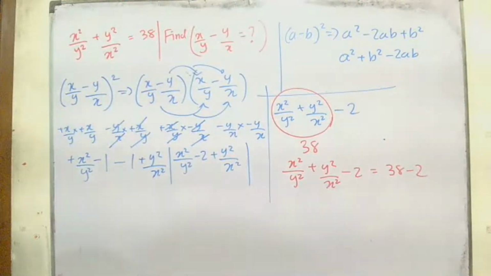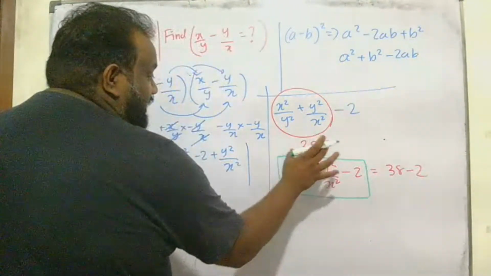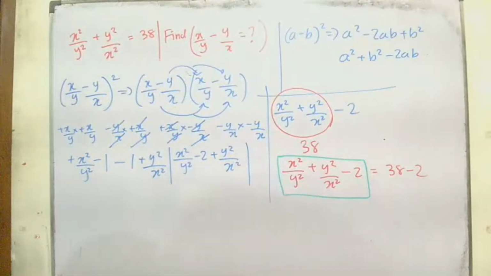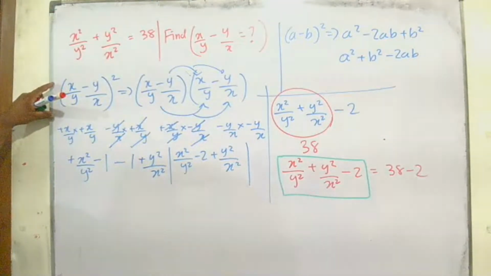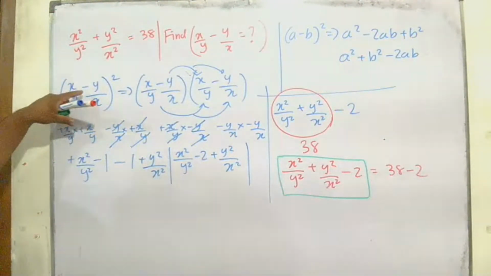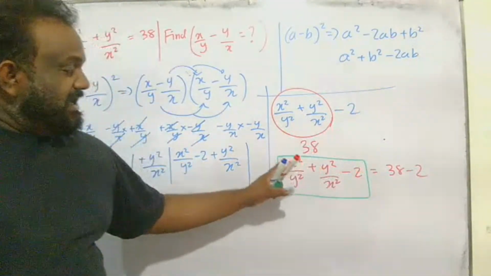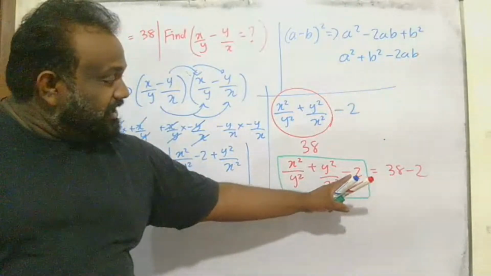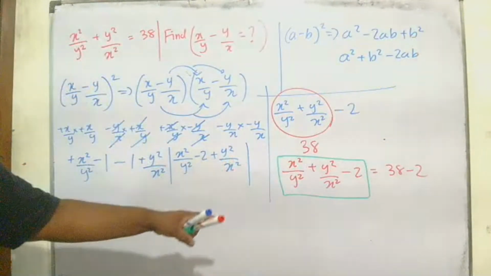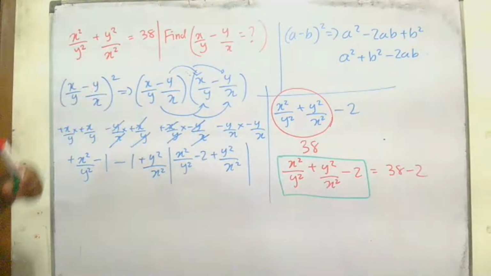Now the most important part, we should understand that all of this was possible because we derived this expression simply by expanding (x over y minus y over x) to the power 2. Again, we derived this x squared over y squared plus y squared over x squared minus 2 simply by expanding (x over y minus y over x) whole to the power 2.